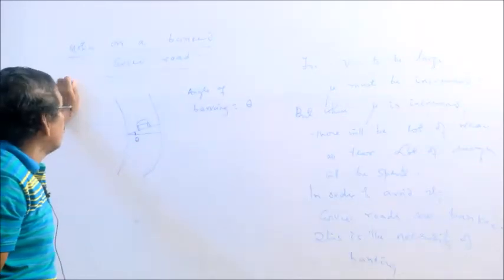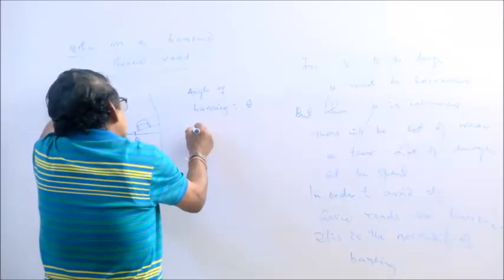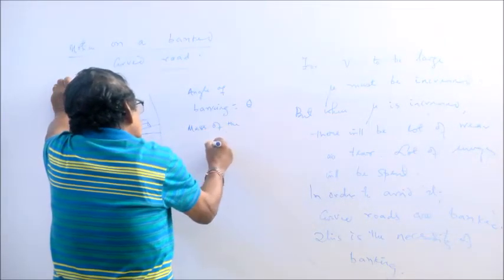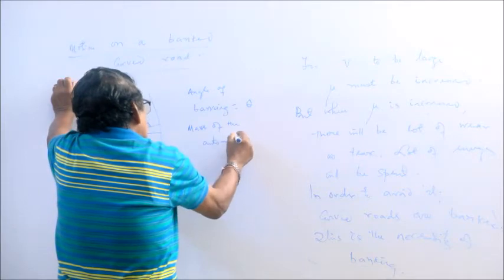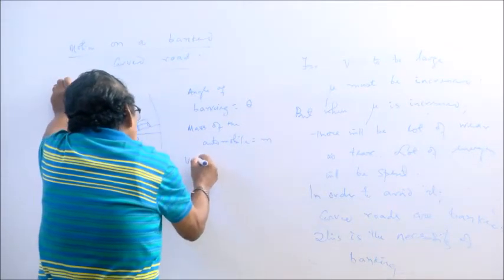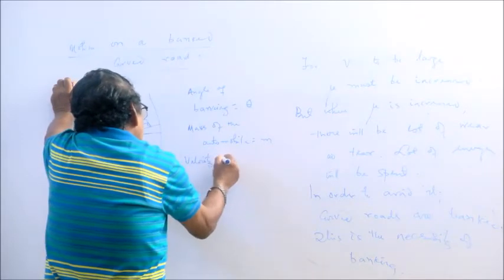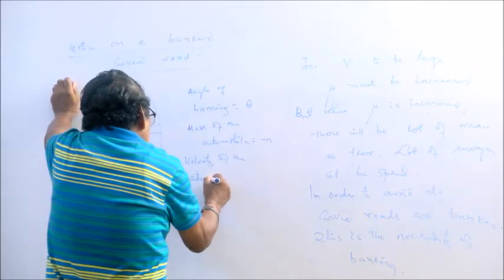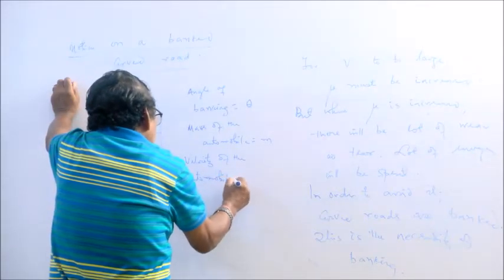The mass of the automobile is m. The velocity of the automobile is v.